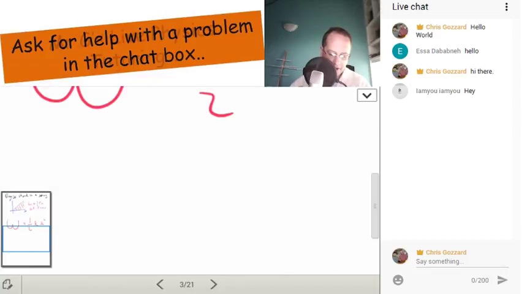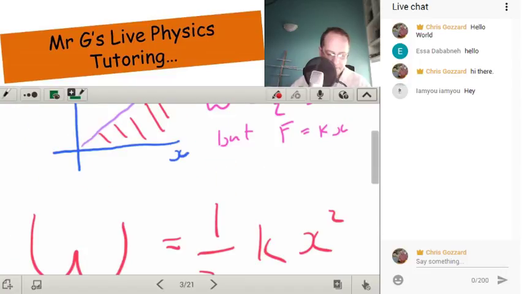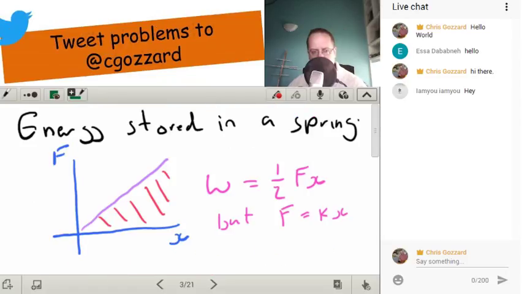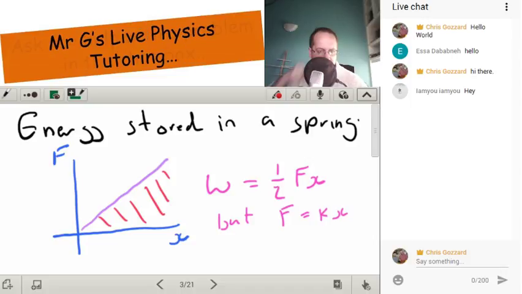Next little thing you need to be aware of is the energy stored in the spring. If you've got a force extension graph, the area underneath is a half Fx. The work done is normally force times distance, but the force is not a constant.